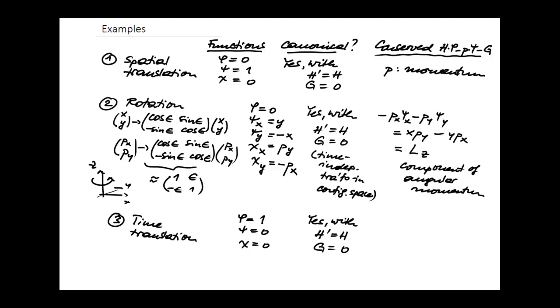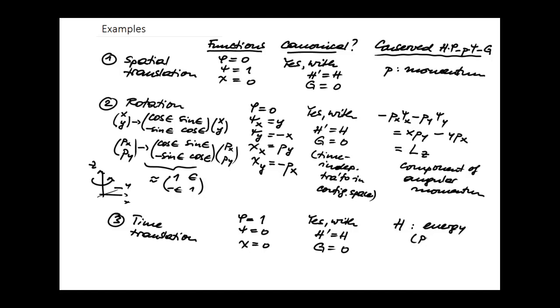Well, what is then the conserved quantity? Then h times phi is equal to h. The other terms are 0. So the conserved quantity is the Hamilton function h. In those cases in which the Hamilton function is equal to the physical energy, this corresponds to energy conservation.